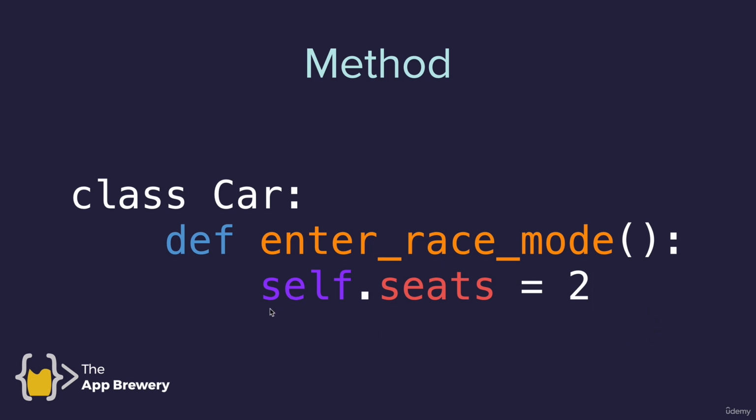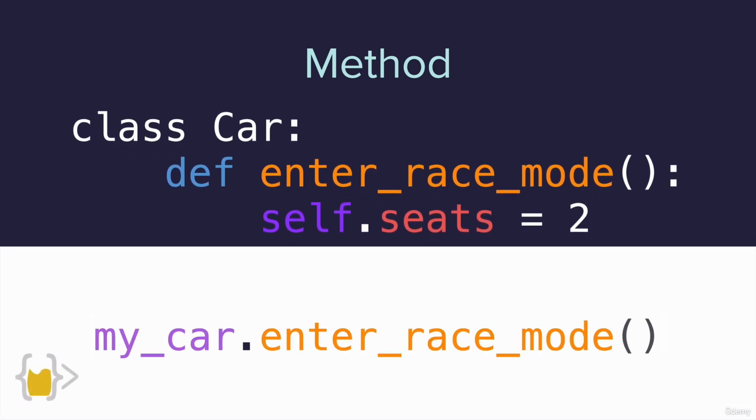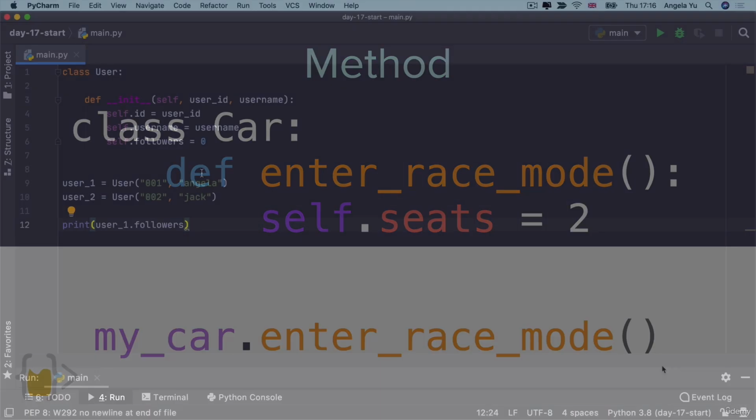So in this case, all it does is it gets hold of the object and then the object seats attribute and then changes it to 2. So now when you call that method, all you need to do is get hold of the object and then use the dot notation to call that method enter race mode, and of course with the parentheses at the end.